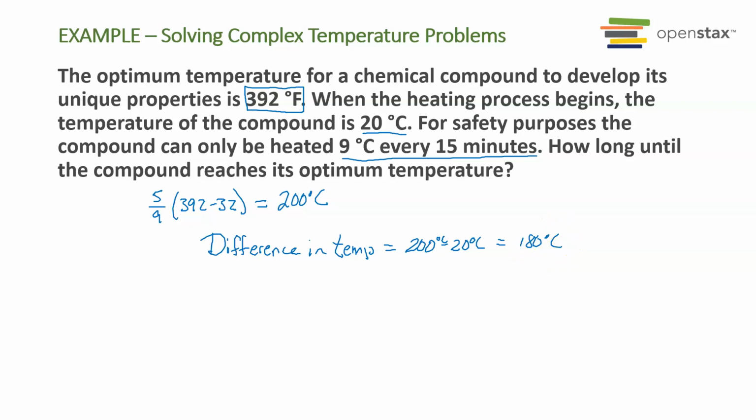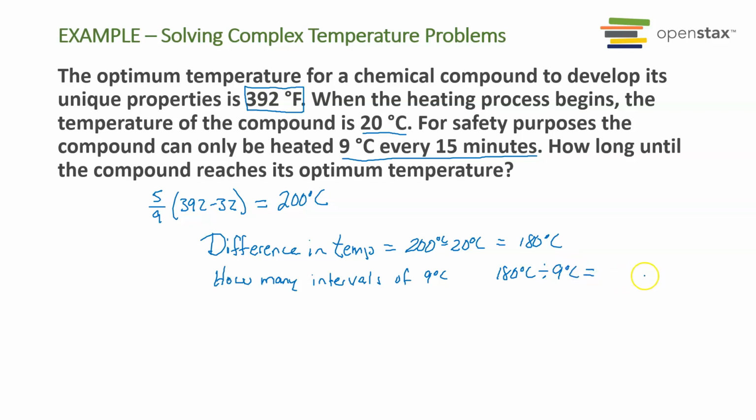So if we divide by 9, how many intervals of 9 degrees are there? Well, that would be 180 degrees Celsius divided by 9 degrees Celsius.